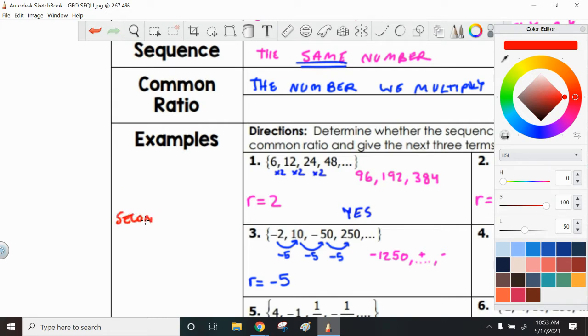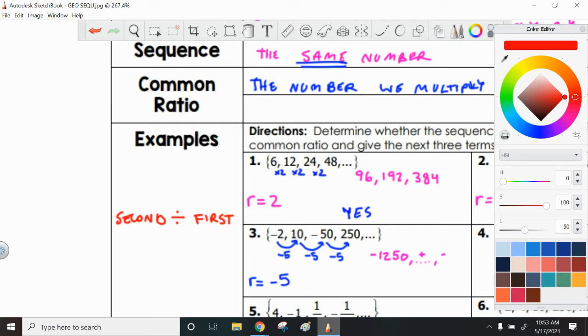First, when we were doing difference and we wanted to find how much we are adding, we did the second minus the first. So if we want to find out how much we are multiplying by, we should do second divided by the first, because we're trying to kind of unwrap it. So second divided by the first will always tell you the ratio.